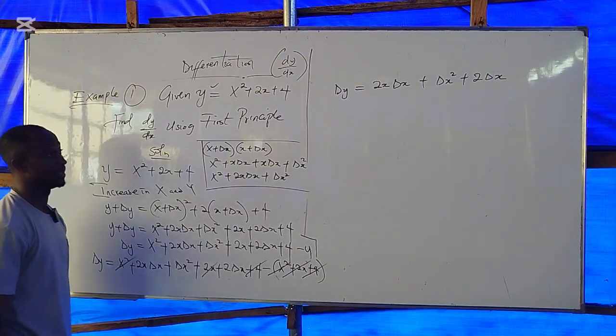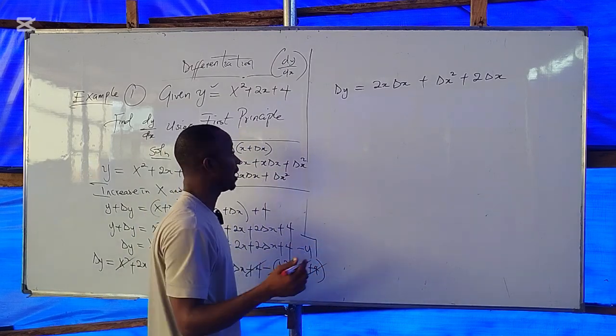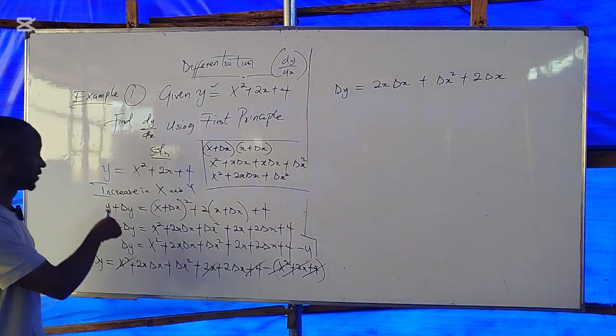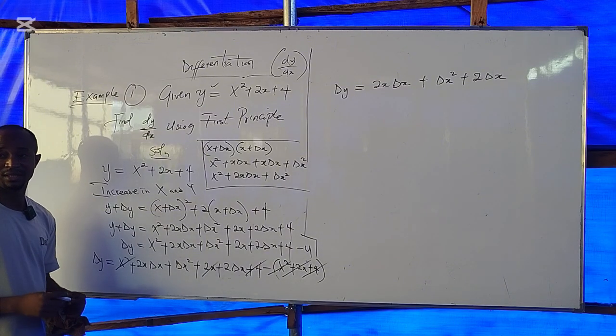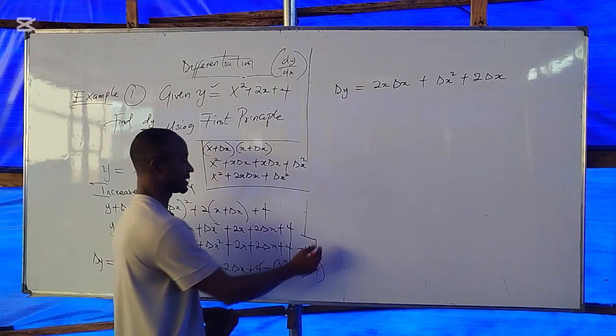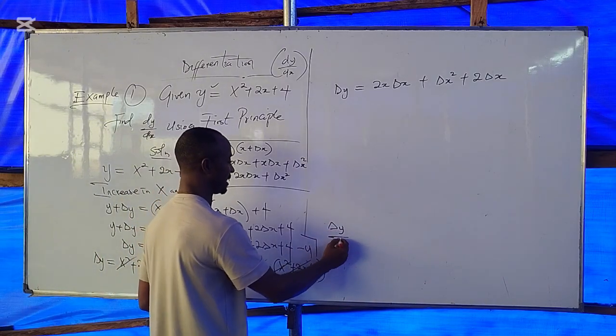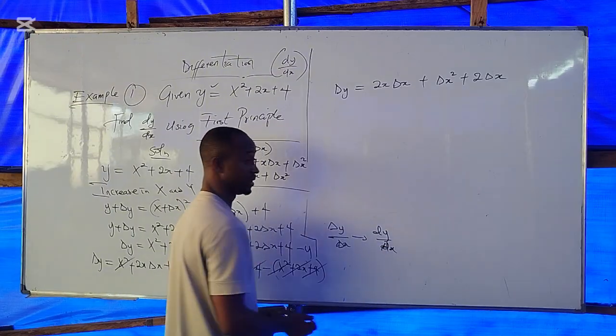Are you there? The next step is to divide through by delta x. Our aim of going through this process is to arrive at the second condition, which says as delta x approaches 0, delta y over delta x must approach the derivative.